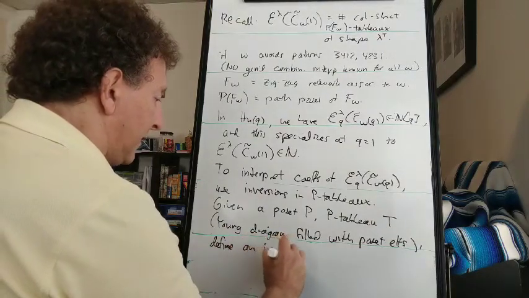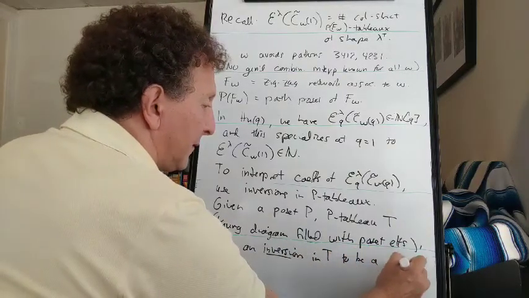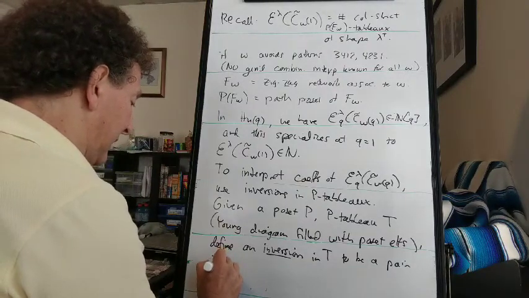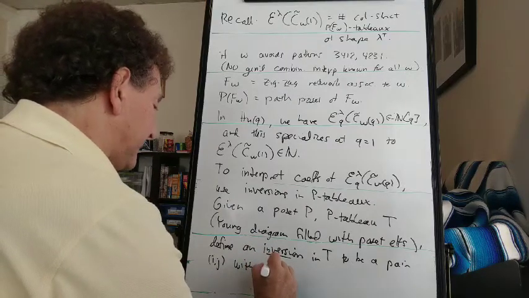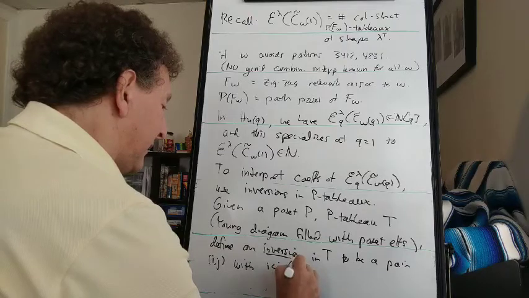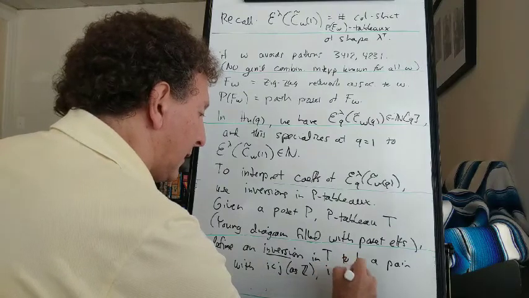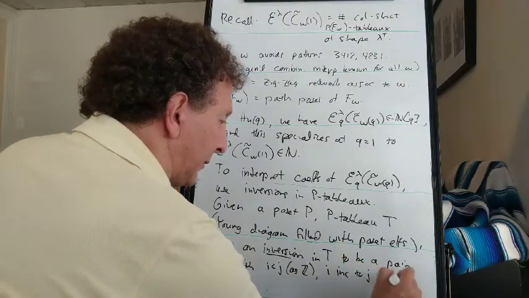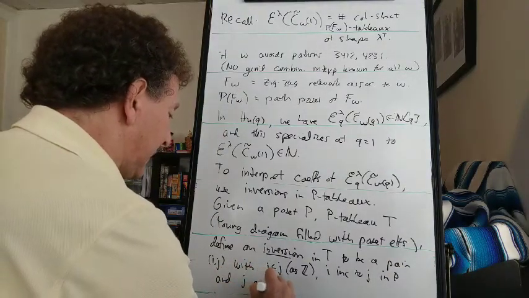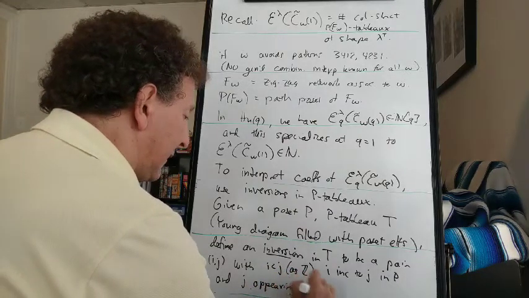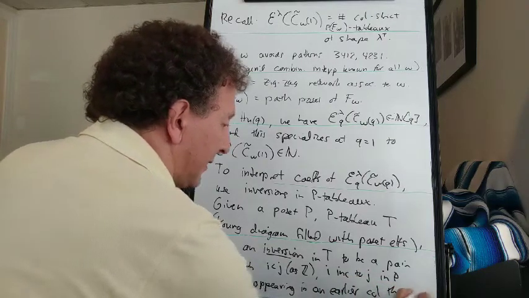define an inversion in T to be a pair i, j with i less than j as integers, i incomparable to j in P, and j appearing in an earlier column than i.